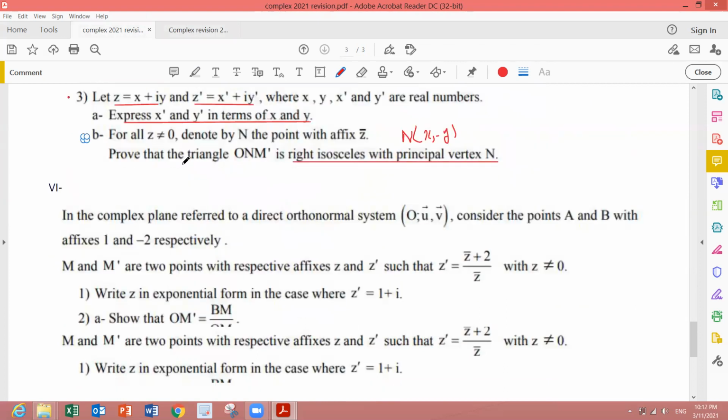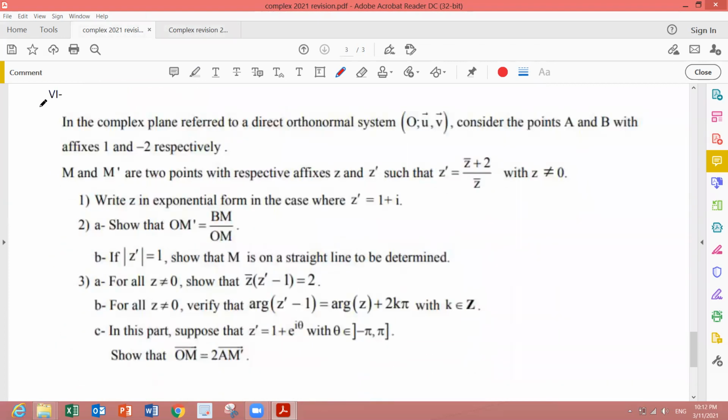The last exercise, 6. We have 2 points A and B in a complex plane.